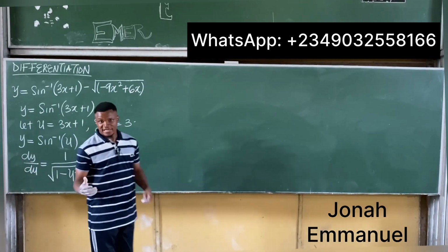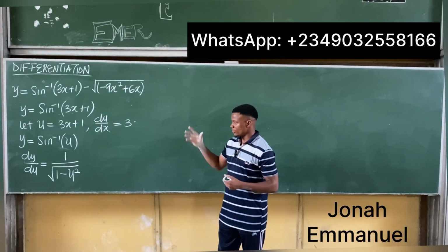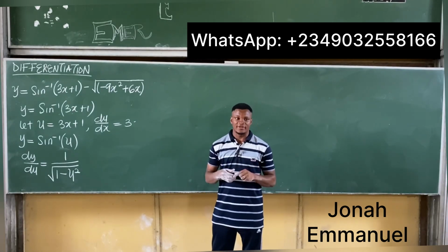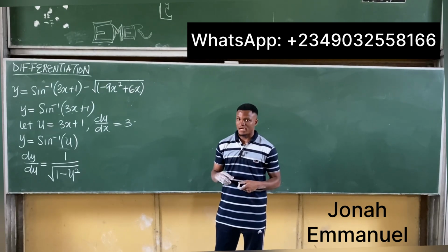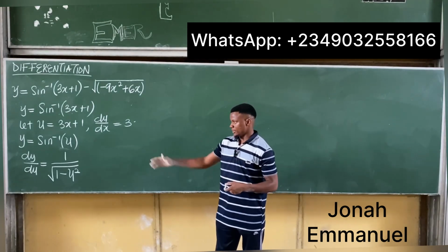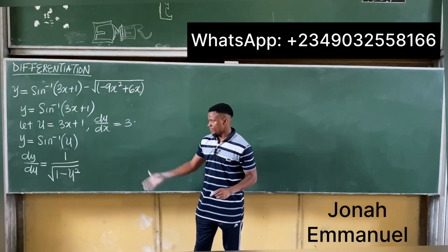We already explained this in our previous class. So if you missed our class on inverse trig differentiation, simply check the description of this video. I'll provide a link to this differentiation.